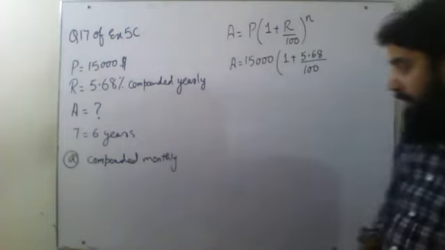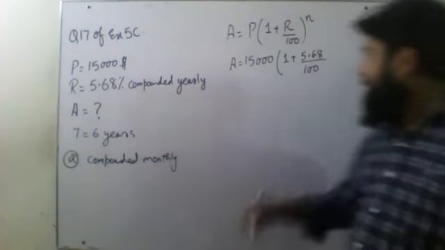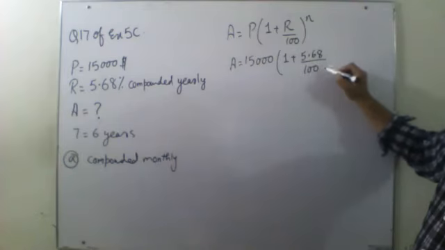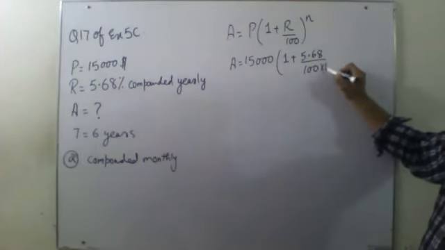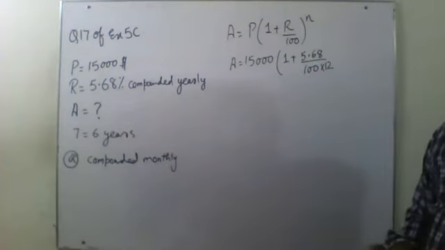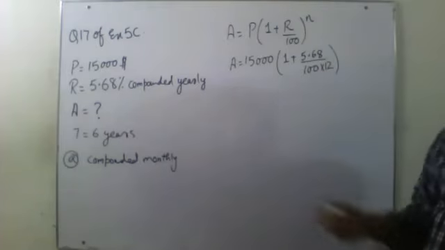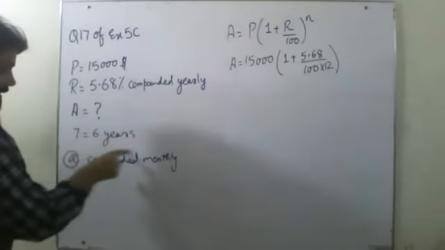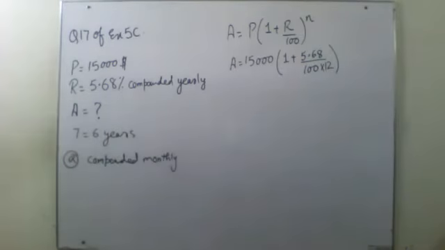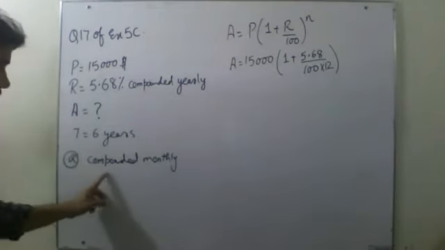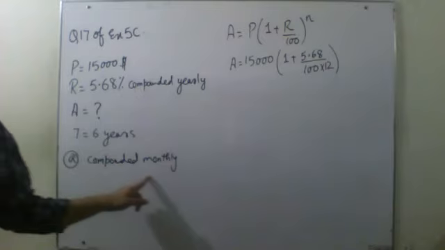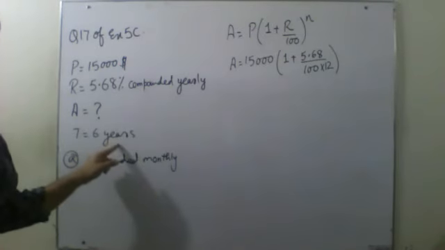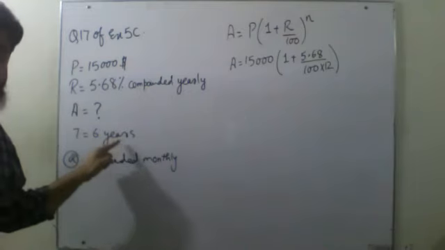So over here, when they say compounded monthly, I am going to divide whatever my interest rate was by 12. Now, after that, the number of years is 6. The amount is compounded monthly, so how many months will there be in 6 years?